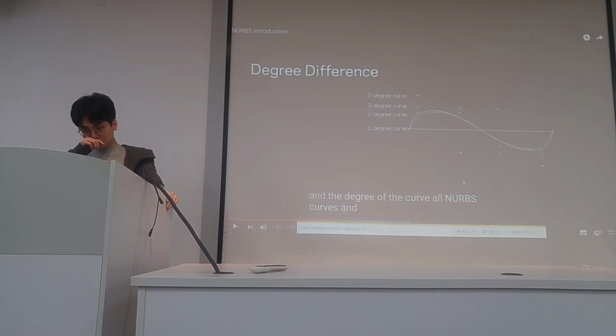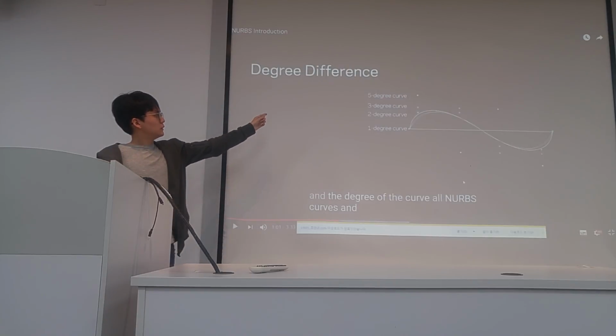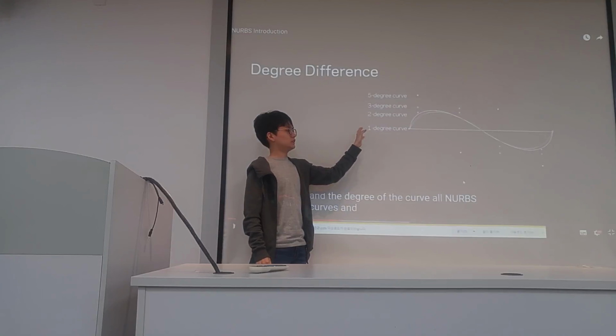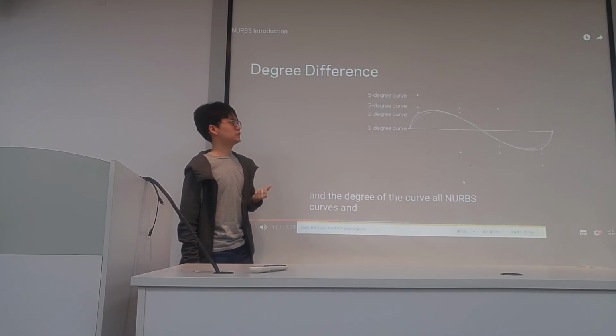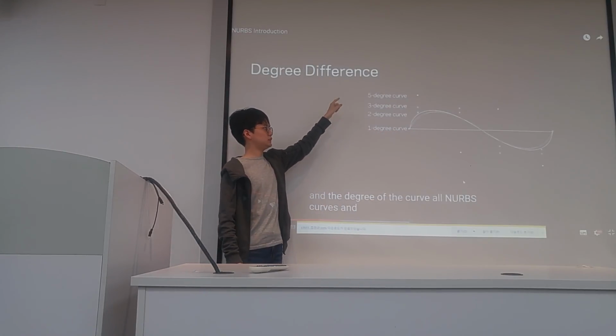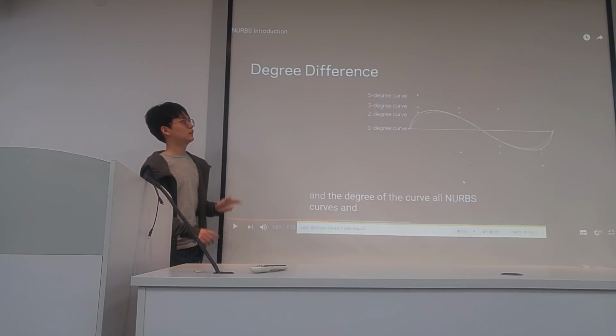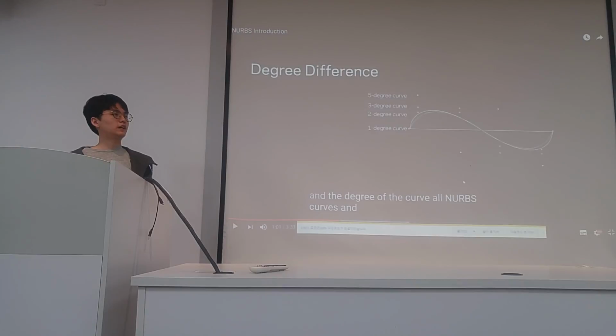If the curve degree is low, then the line would be affected by each point. But if the degree goes high, then the curve will prioritize the entire shape, and not be affected by small changes very much.